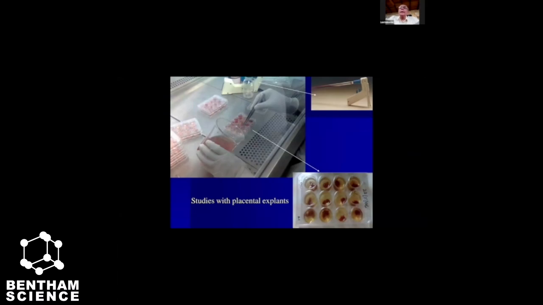In order to evaluate if what is happening with the ATPase activities is due to the oxidative stress or the lipid peroxidation, we performed several studies with placental explants.